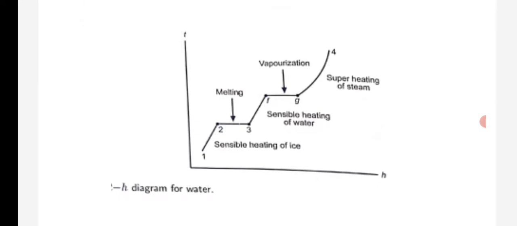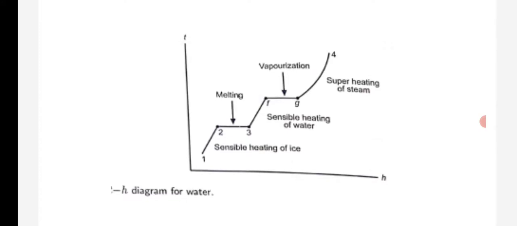And you can see on the x-axis the enthalpy is increasing. F to G enthalpy is increasing, but the temperature is not increasing. This is known as latent heat of evaporation. Latent heat means it is like hidden. You are not able to make it out, but there is an increase in enthalpy, and thus the liquid is converted into vapor. And at G it becomes saturated vapor.